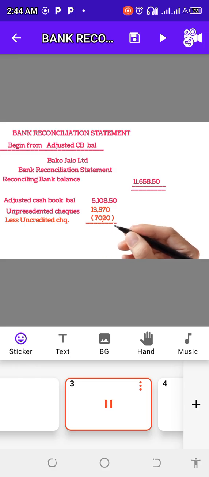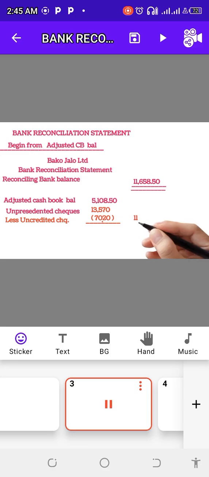And by the time you add 5,108.50 plus 13,570 and less 7,020, you will arrive at the same figure as the balance given in the bank statement.